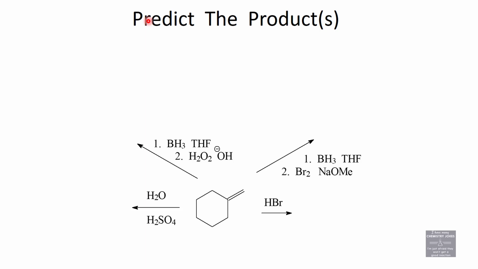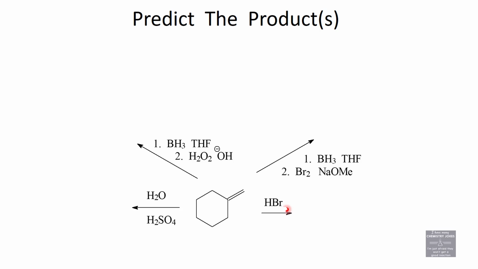It does not mean draw curved arrows to show me all the mechanisms, all the intermediates, all the stuff. Final products and final products only. But in order to get the predict the product questions right, you often have to think through the entire mechanism. So I'm not looking for the whole mechanism for you to draw it, but you often have to think about it anyway. All right, let's get to it.